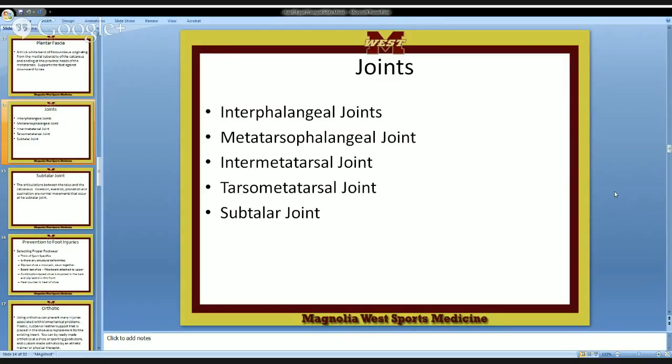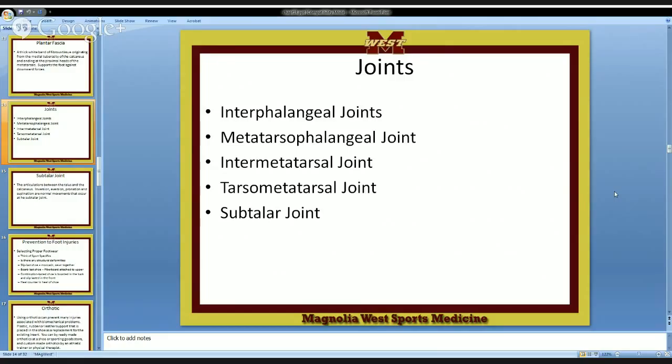Your metatarsal phalangeal joint. That tells you exactly where it is. Yeah, if that was your foot, that's where it would be. Intermetatarsal joints.